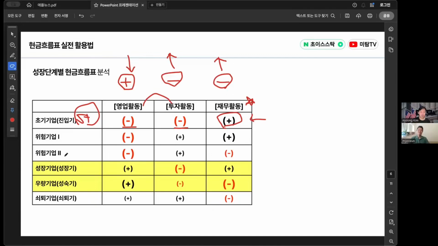I'll talk about risky companies later, but as we move to the next stage, as I mentioned in the cash flow statement and the income statement, we've talked about the business life cycle and the different stages of growth. The cash flow statement also reflects these growth stages. For growth stocks, like the ones you manufacture, this is how they appear.